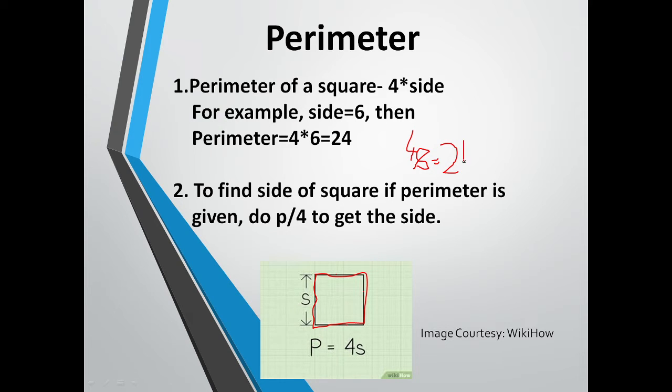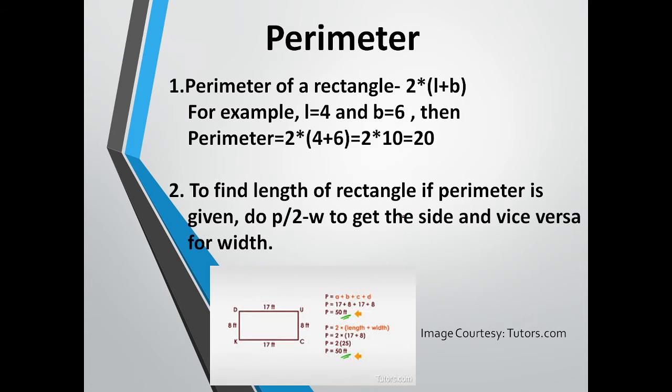So if 4s equals 24, then side s is equal to 24 by 4, which is equal to 6. So we can do it like that to get the side of the square if the perimeter is given.